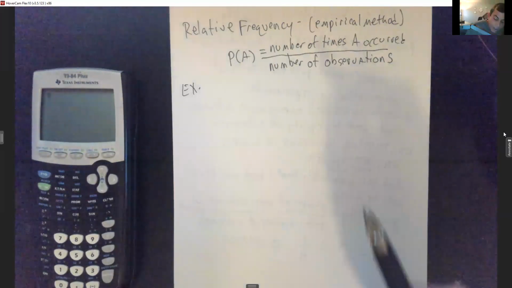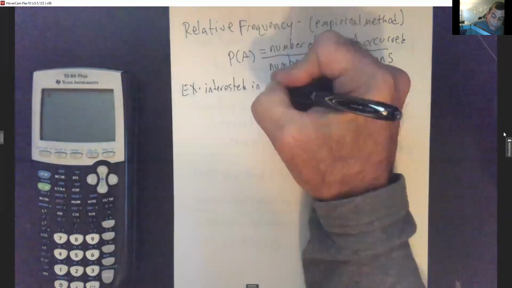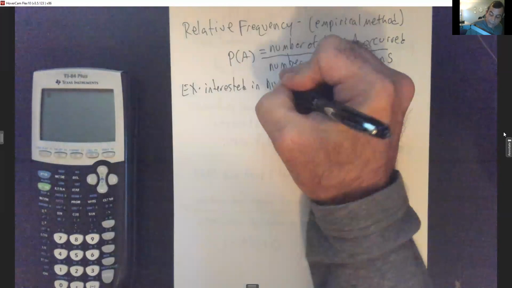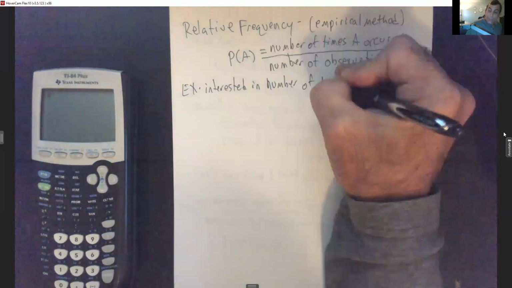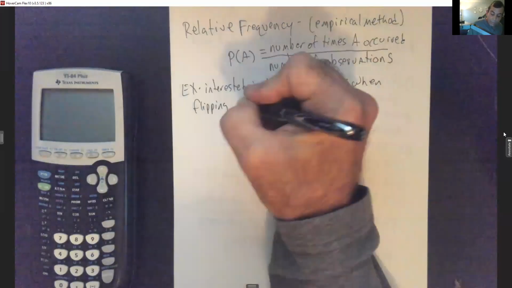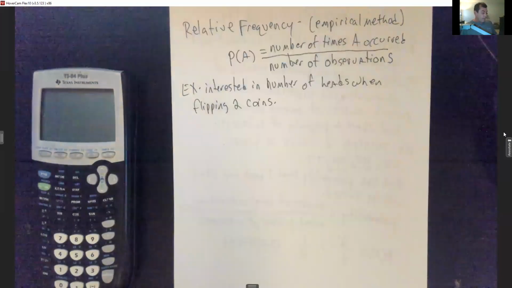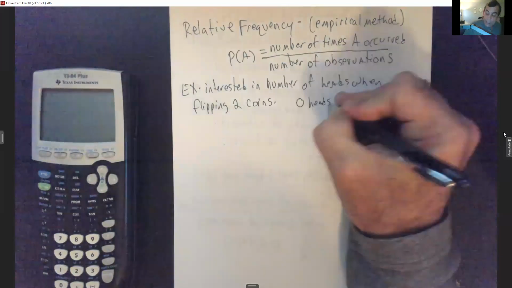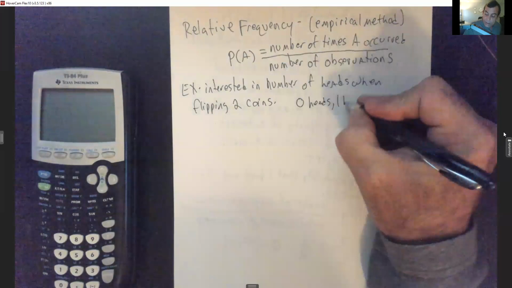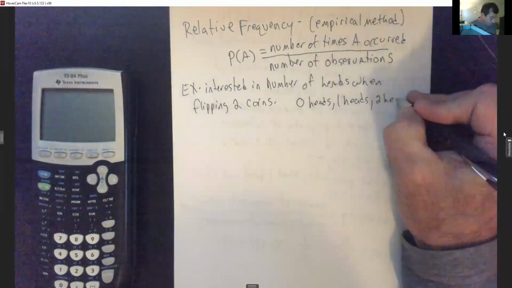So the possible events I could get would be 0 heads, I could get 1 head, or I could come up with 2 heads, okay?